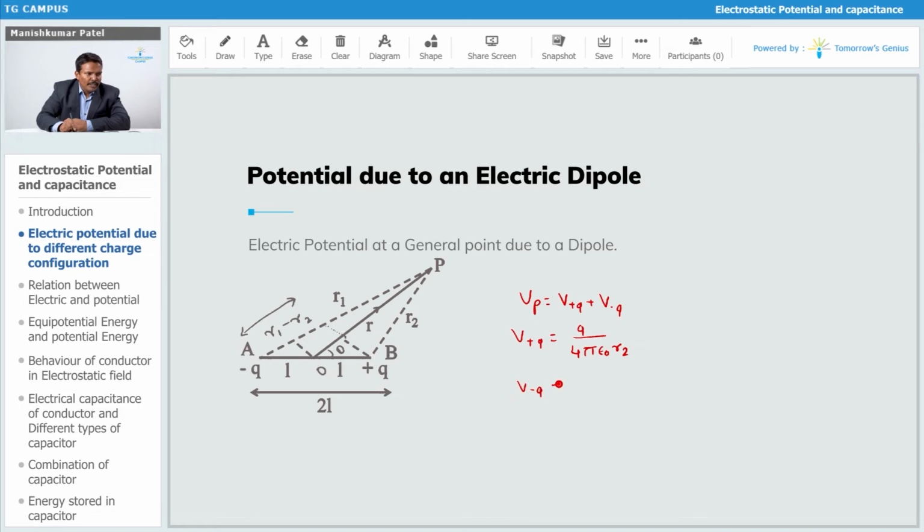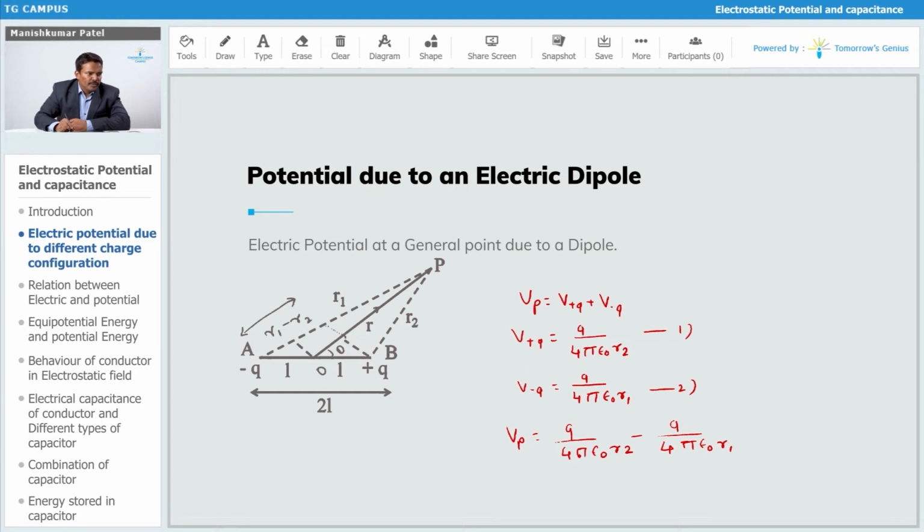Potential due to the minus Q is minus Q upon 4 pi epsilon naught R1.